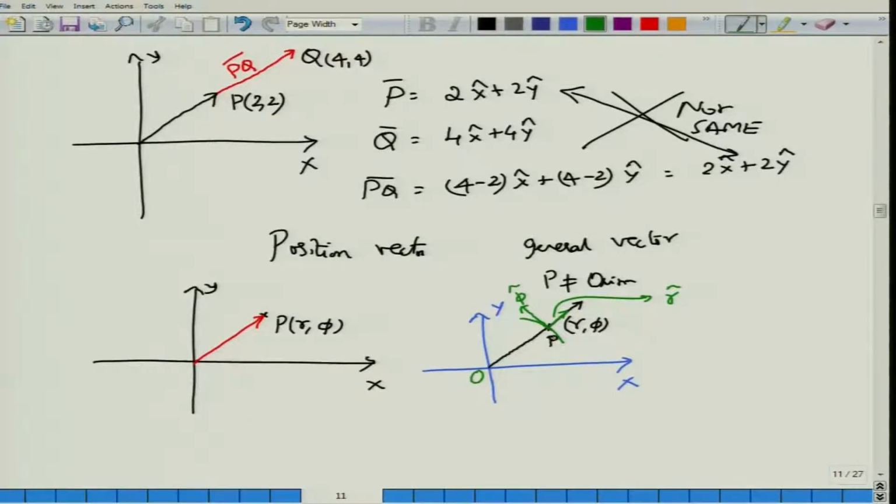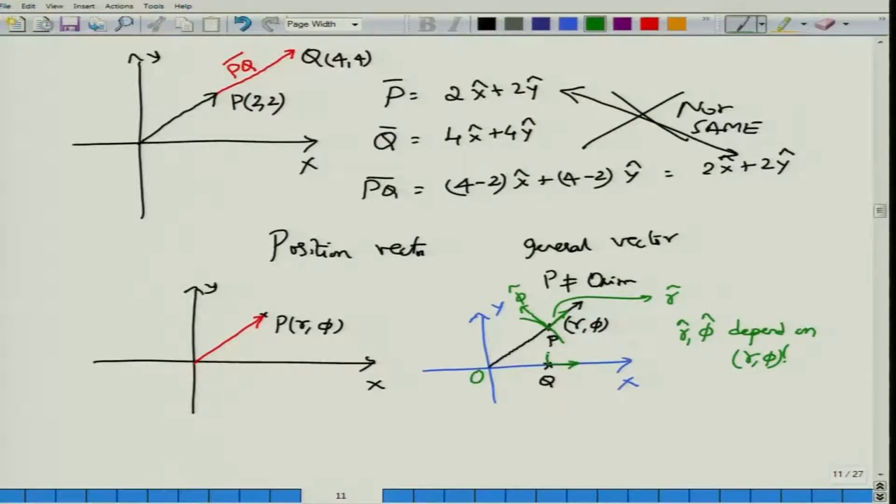You can immediately note that both the r vector and the phi vector depend on r and phi. You are not convinced about it? Let us look at this point here. I am going to consider a point, let us say Q, on the x axis. What is the radial vector here? The radial vector will be directed in this direction, so it will in fact be equal to the x vector. What about the phi vector?